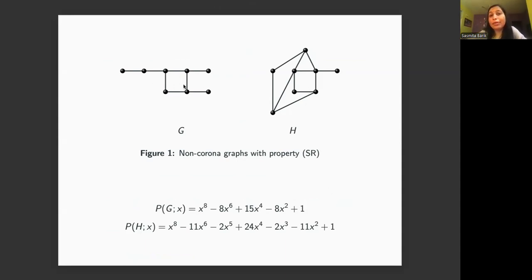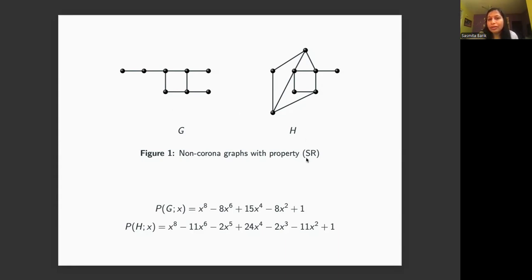This example I took for perfect matching; it has a unique perfect matching and is non-singular. And this is another graph, which also has a perfect matching, you can see. These two graphs are not coronas. Clearly you can see the pendant is missing here and here. Similarly, this one is also not a corona. But all of them satisfy property SR.